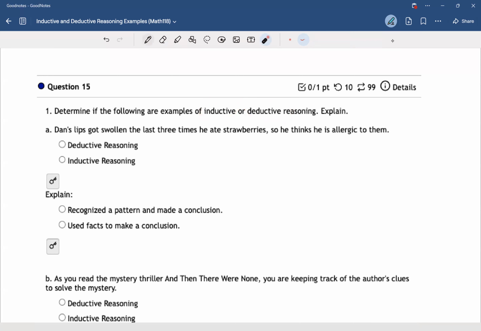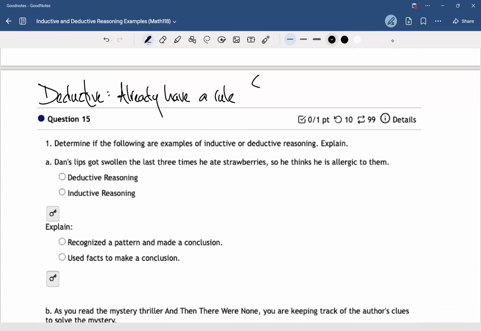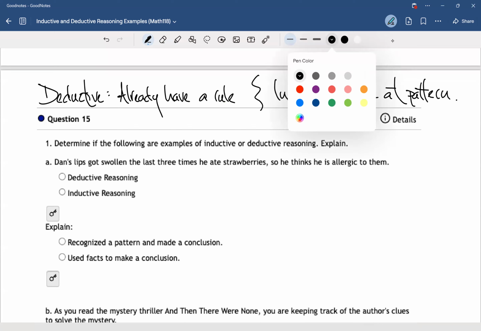Before we actually answer those questions, let's just make a note for ourselves that deductive, you already have a rule. Versus inductive, you look at a pattern. Or you notice a pattern. Okay, so let's take a look at the first example here.